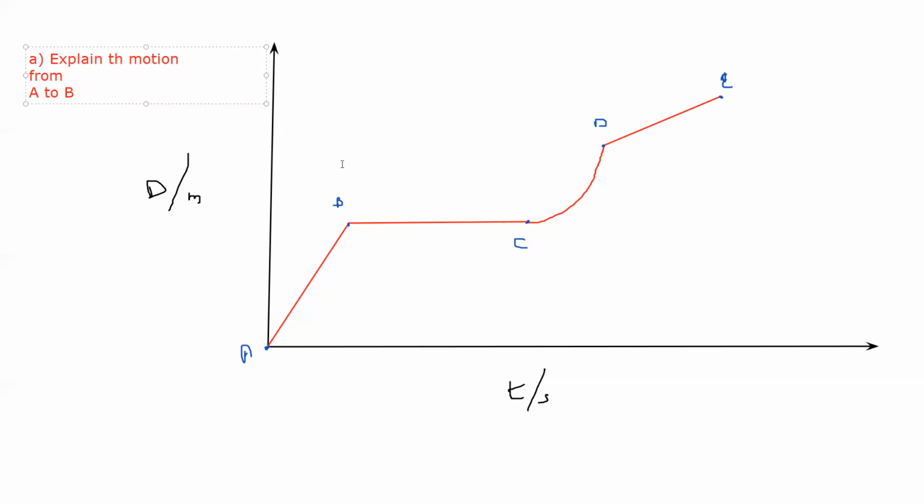If in the exam you simply write constant, then constant is not the full term, it should be constant speed. So you should mention it is moving with a constant speed, or uniform speed you can say. What is happening from B to C? The object is stationary or at rest, or the object stopped.